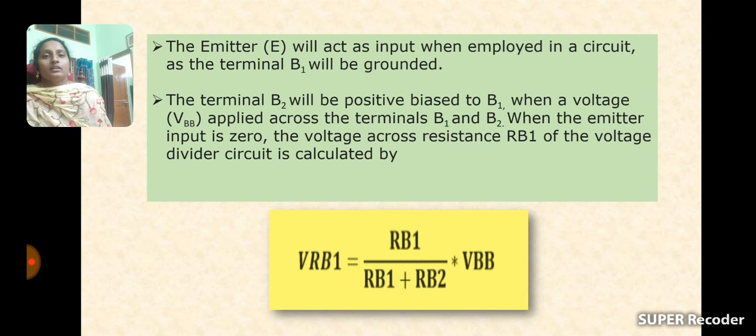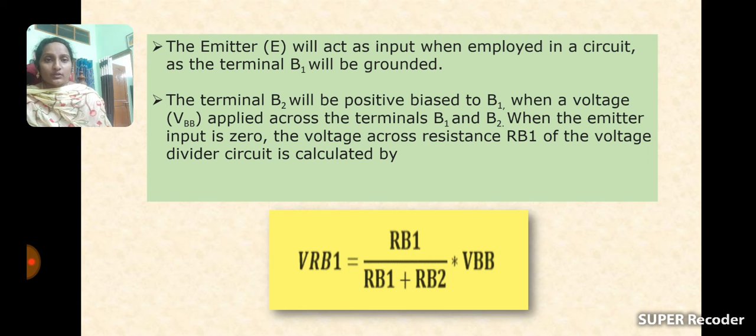And see here, the emitter will act as an input when employed in the circuit, as the terminal B1 will be grounded. The terminal B2 will be positively biased to B1 when a voltage is applied across the terminals B1 and B2.